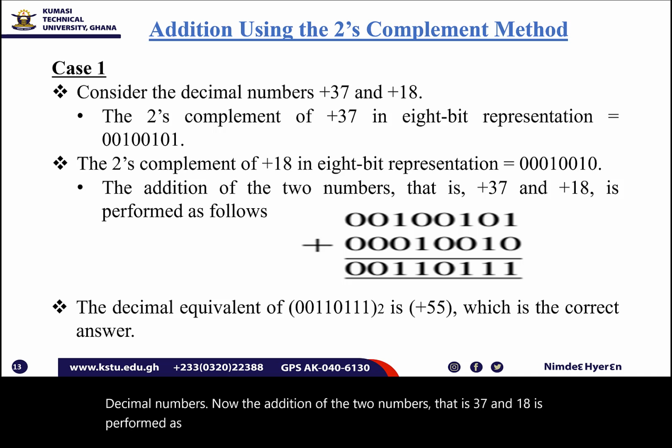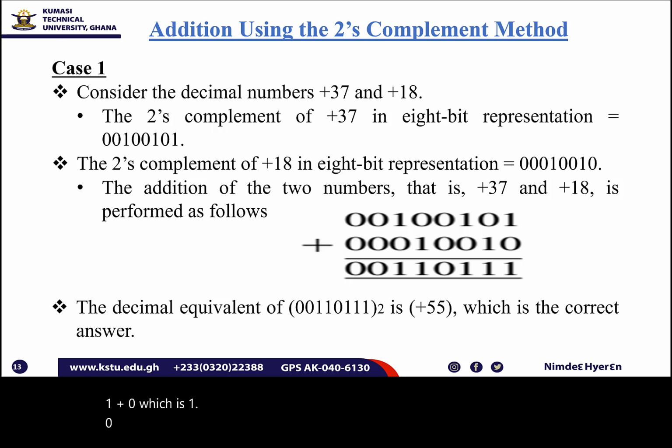We have 1 plus 0, which is 1. 0 plus 1 is 1. 1 plus 0 is 1. 0 plus 0 is 0. 0 plus 1 is 1. 1 plus 0 is 1. 0 plus 0 is 0. 0 plus 0 is 0.